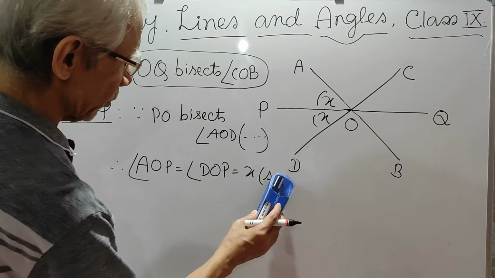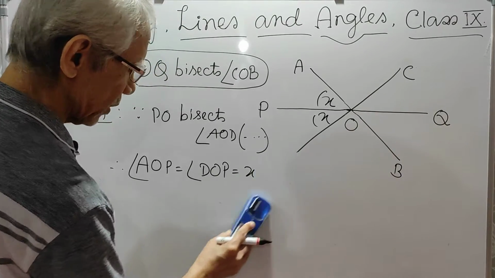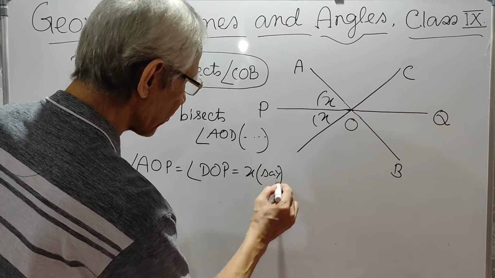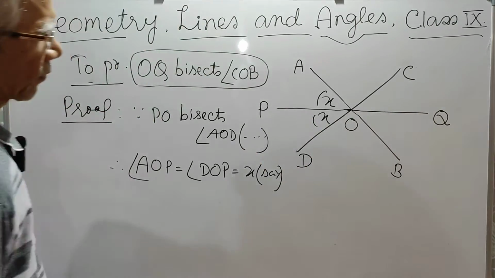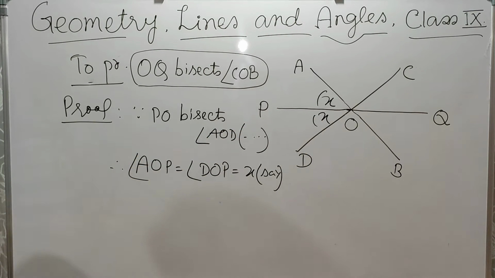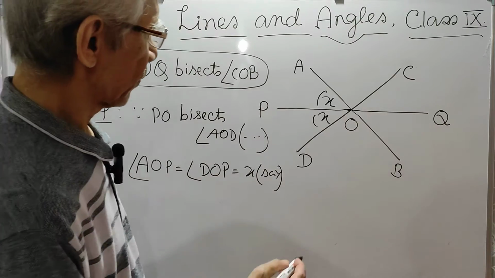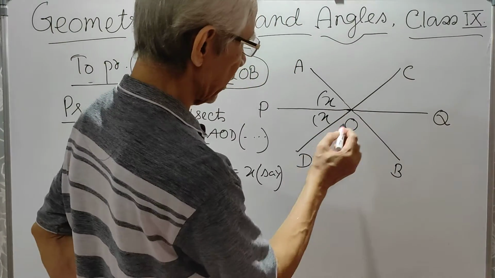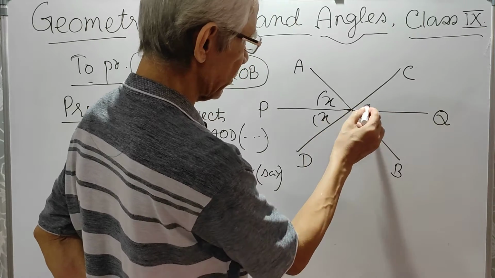Suppose this is X, and this point is D. So these two angles we have taken as X each. Now see, this is a straight line, this is a straight line. Therefore these two vertically opposite angles must be equal.